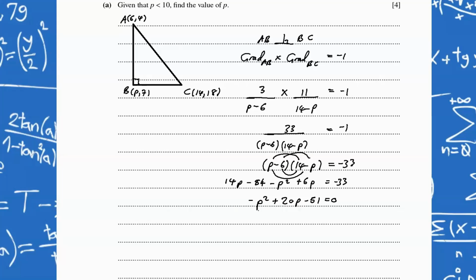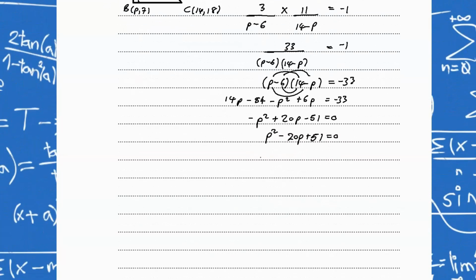Dividing all the terms by -1, we get P squared minus 20P plus 51 equal to 0, and we can factorize this, P here, and 17 and 3, minus and minus, and we have factorized it, which therefore means that the values of P are 17 or 3.